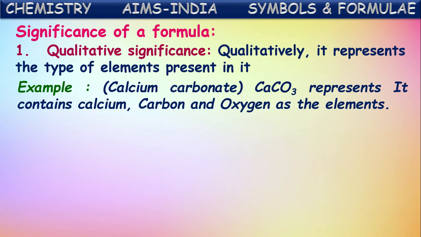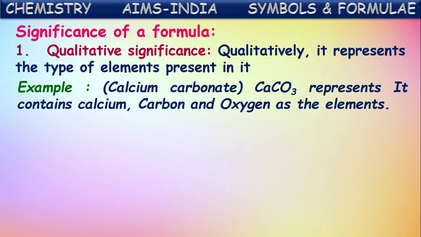For example, the chemical formula of calcium carbonate is CaCO3. It represents that it contains calcium, carbon, and oxygen as elements. So this is the qualitative information from the formula. Qualitative information means what kind of elements are present in the formation of calcium carbonate.